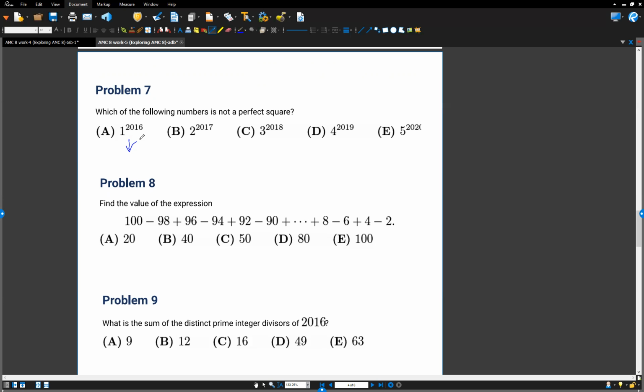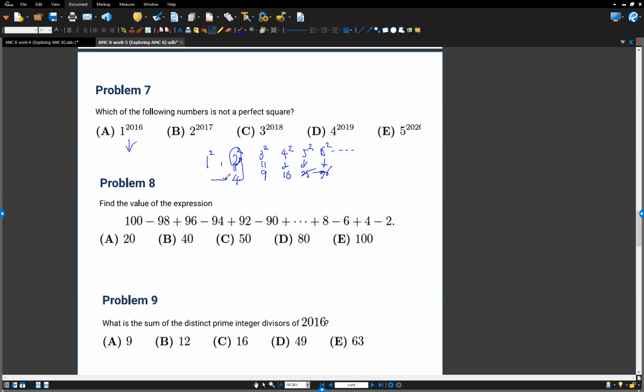I don't really understand this question. Oh, perfect square, that is a number such that 1 is a perfect square, 4 is a perfect square, right? 4, we can express this way. 9 is a perfect square number because it is 3 squared. 4 squared, 5 squared, they're all perfect squares. 4 squared is 16, 5 squared is 25, this is 36.